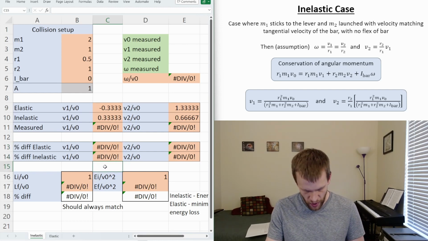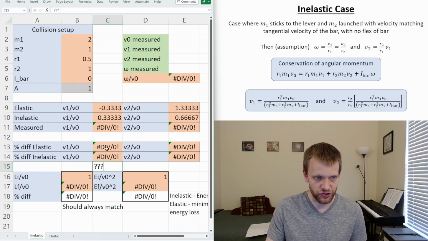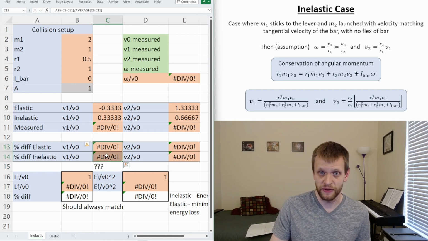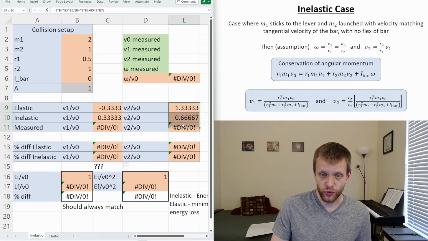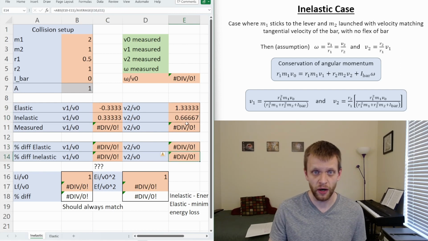So I would really not trust these percent differences to be very accurate. I'm expecting them to be pretty horrible. These ones over here, at least when we're trying for an elastic case, we should get moderately close. When we're trying for an inelastic case, again, we should get moderately close.